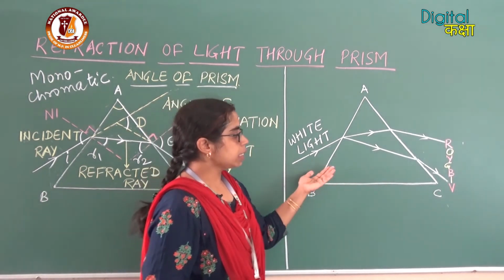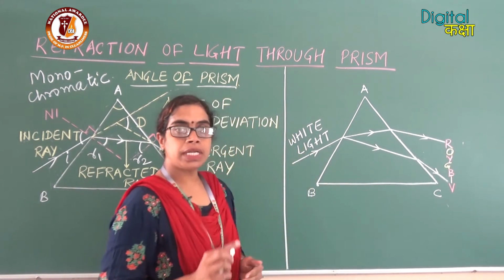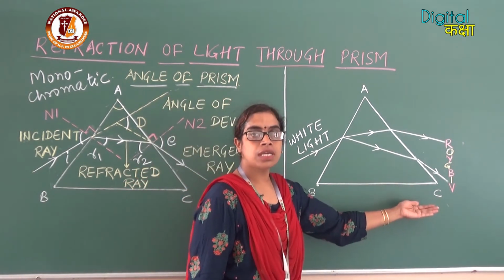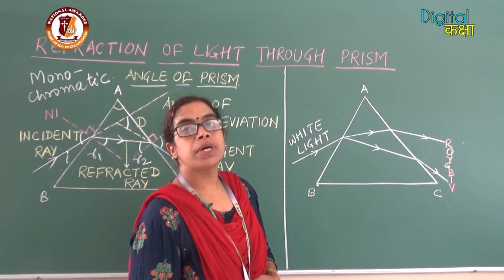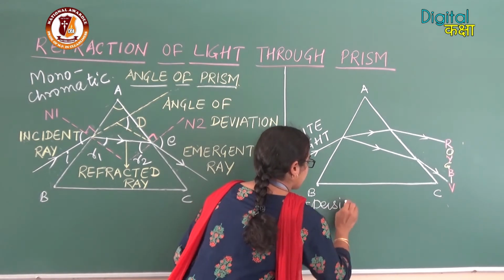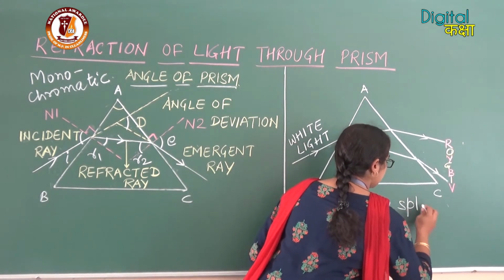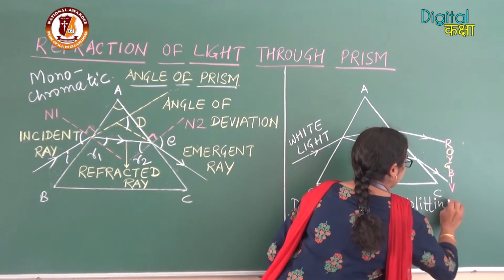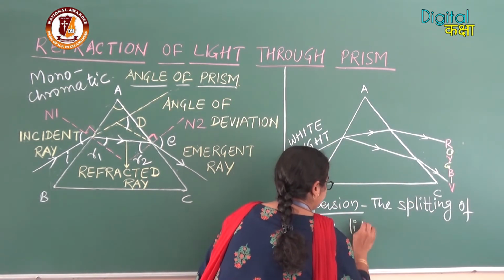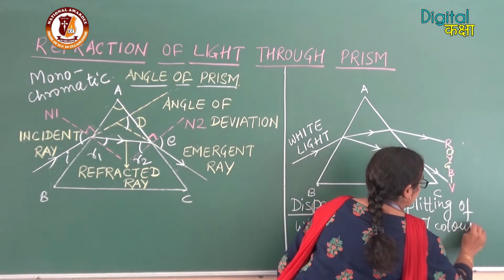So here, this process in which the white light is splitting up into the 7 components or 7 colors is called dispersion. So, the definition of dispersion can be given as the splitting of white light into 7 colors.